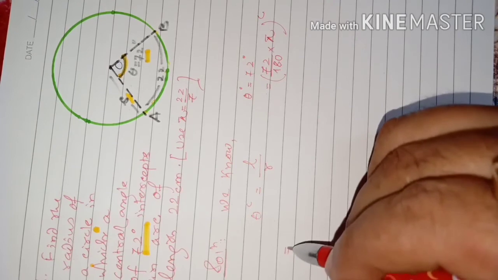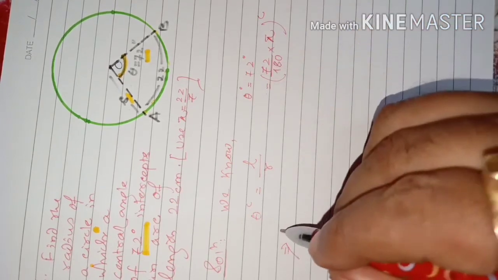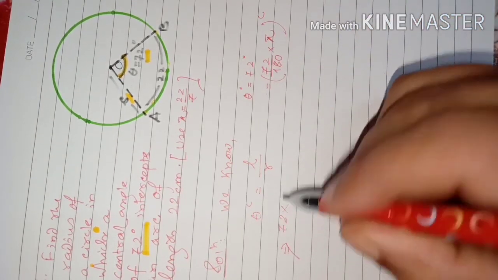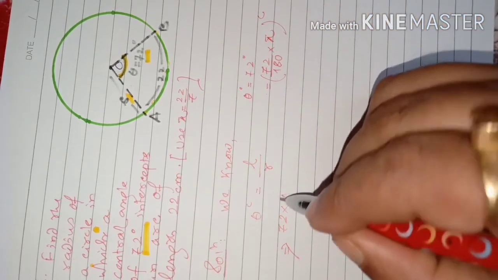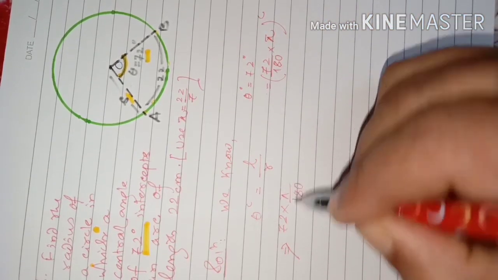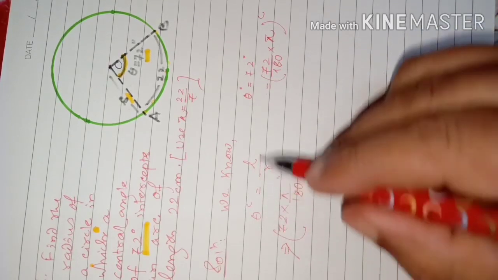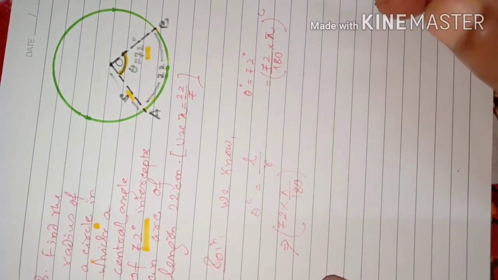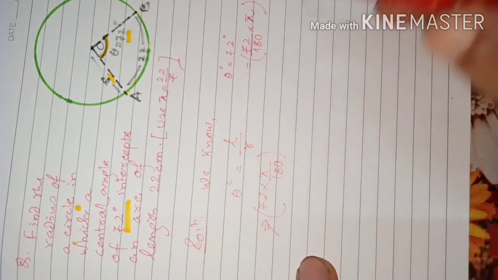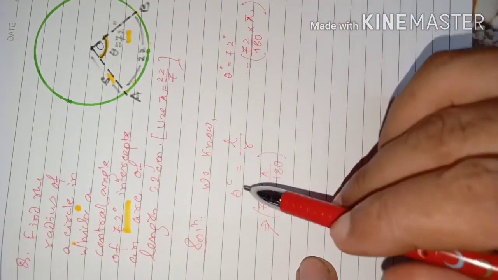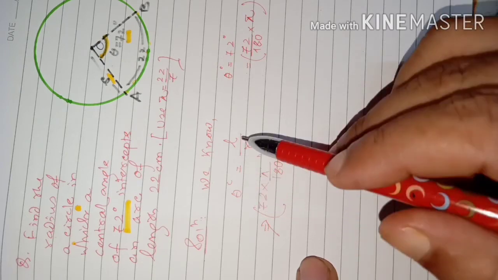So here you write 72 into pi by 180 radian. When you write the angle in radian, then only this relation is meaningful, otherwise it is not meaningful, because we have not found this relationship for degree measure.